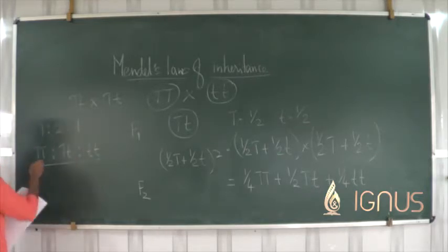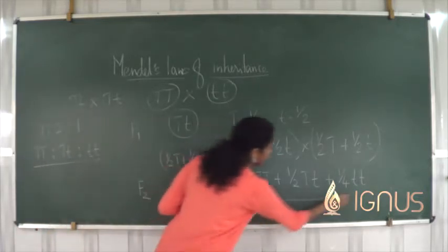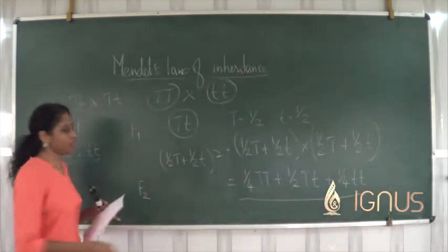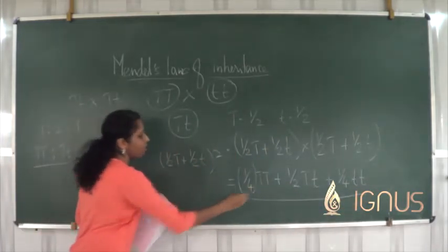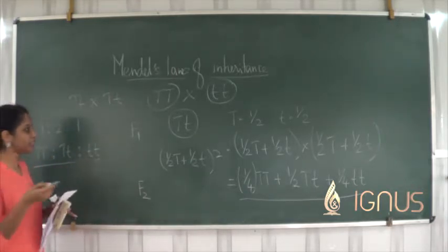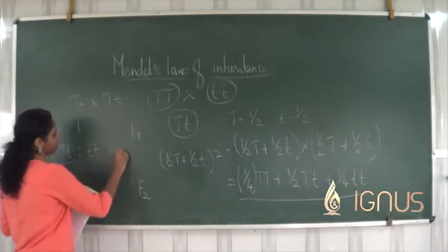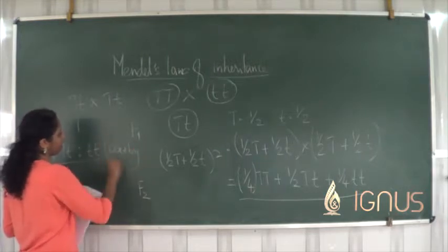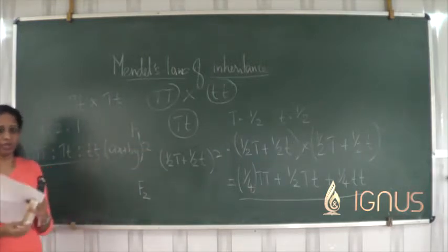Now this is the same answer that you would get here, but you also get the ratio of each of them occurring. So this is how you can use the equation ax plus by whole square. Okay.